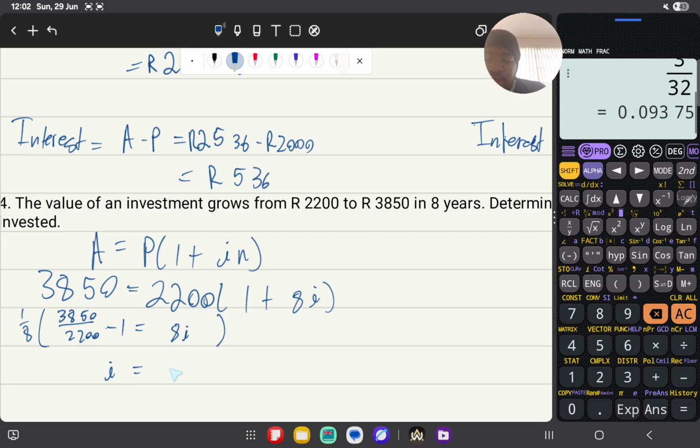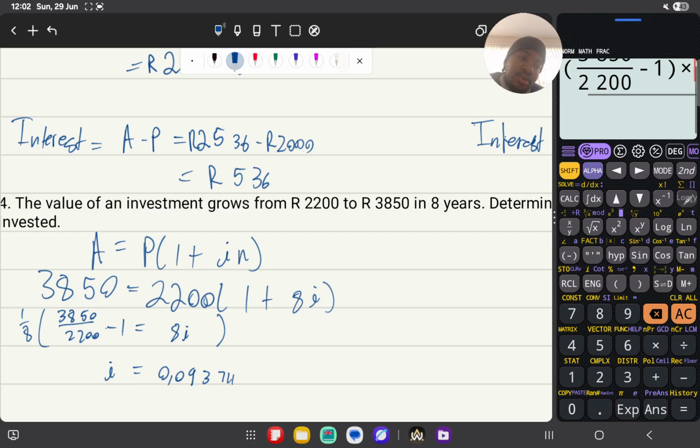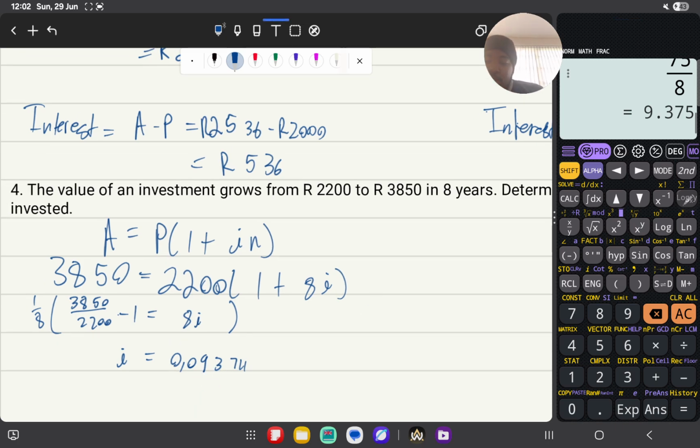The value we are getting is actually 0.0993. Then to write this as a percentage, you multiply by 100, and you get 9.3.